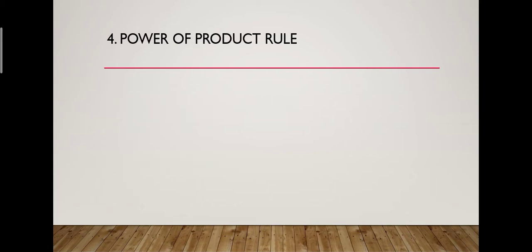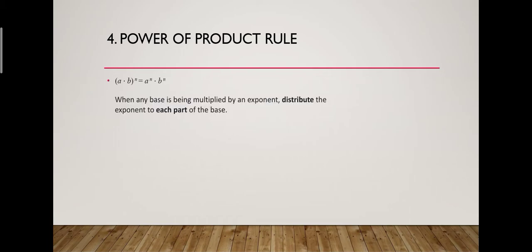Power of a product rule is in the form of the quantity of a times b to the n is equal to a to the n times b to the n. When any base is being multiplied by an exponent, distribute the exponent to each part of the base.